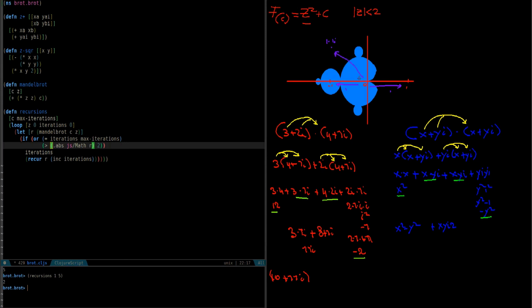We can calculate that by viewing this as a triangle. And if we define the distance in the real part as x and the distance in the imaginary part as y, we simply get the Pythagoras function, x squared plus y squared, to calculate the absolute size of this complex number. So let's implement that in Clojure.